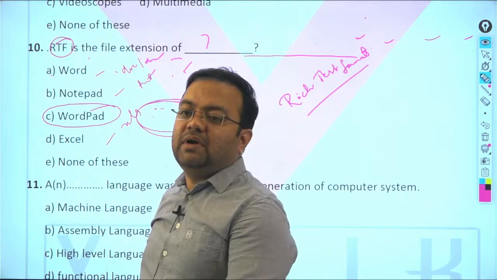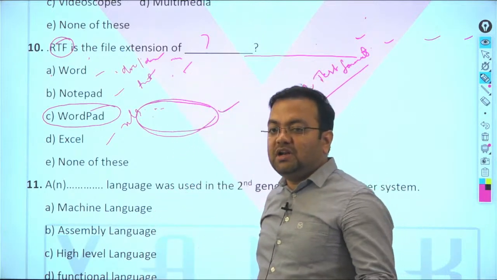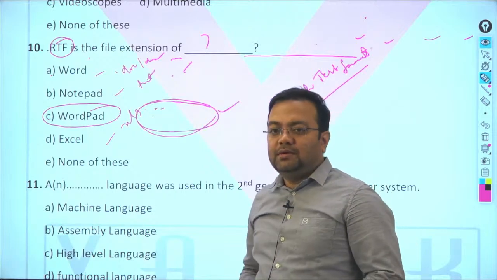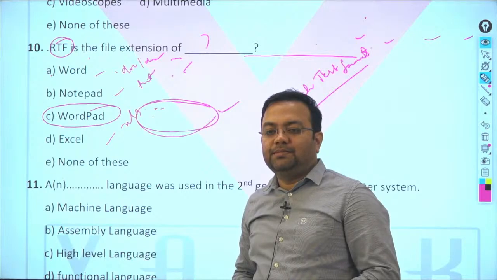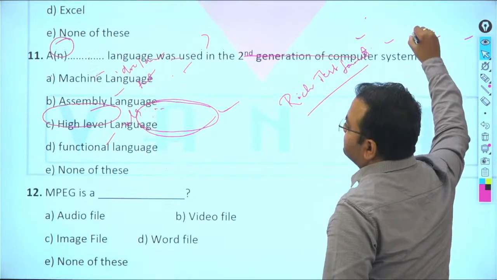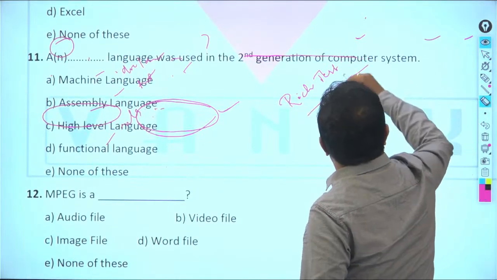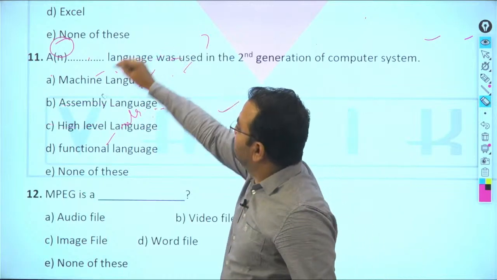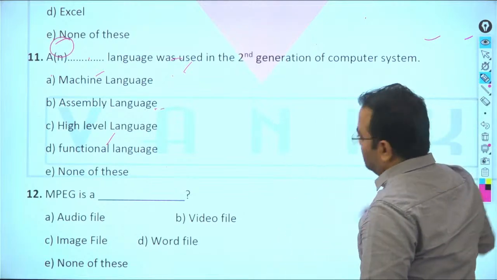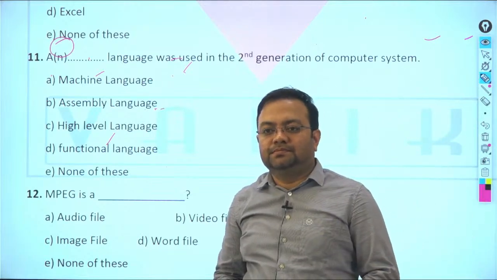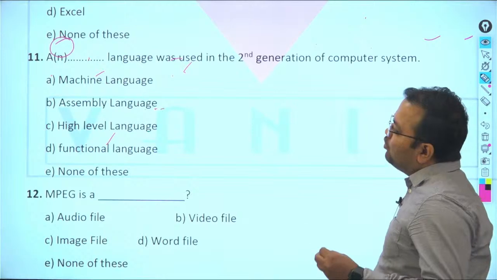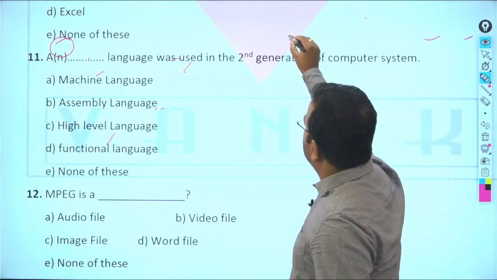In question number 11, it has asked, dash language was used in second generation of the computer system.